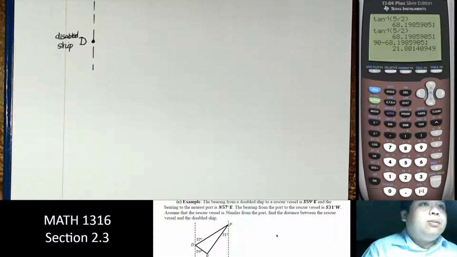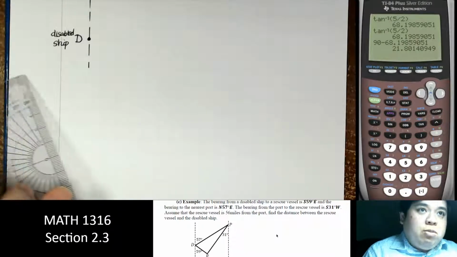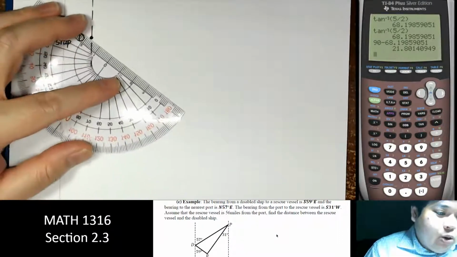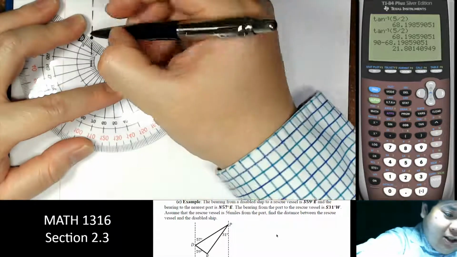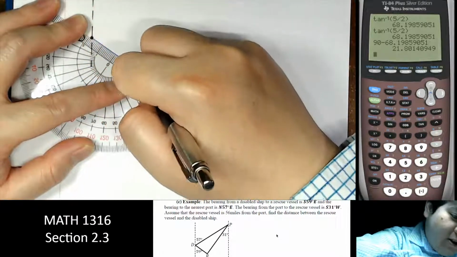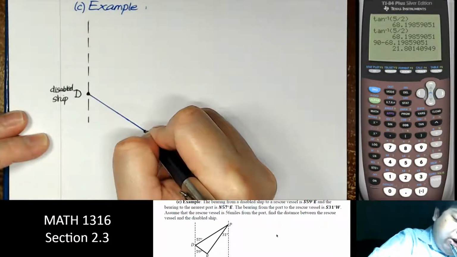At this point, the bearing from that to the rescue vessel is south 59 degrees east. So we go south and 59 degrees east. So here is a rescue vessel.